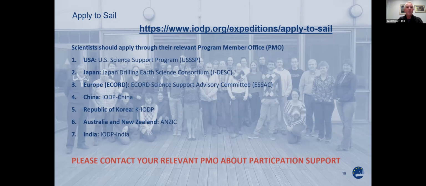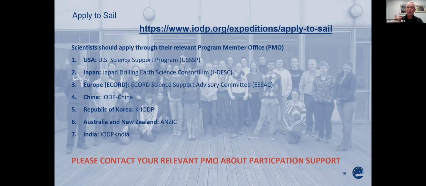So these program member offices, or PMOs, coordinate the application process for scientists, and scientists should apply through the relevant program member office. As well as submitting your application through your relevant PMO, I'd also urge you to ask them or check their website for information on participation support for this expedition. The various PMOs offer widely varying levels of support to participate.